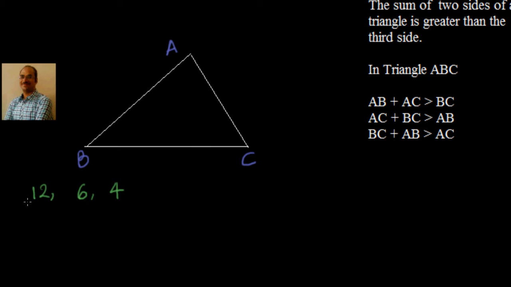Let us say I have taken this as A, B, and this is BC, and this is AC. I'm not sure whether they will meet or not, so I'll just put AB here.